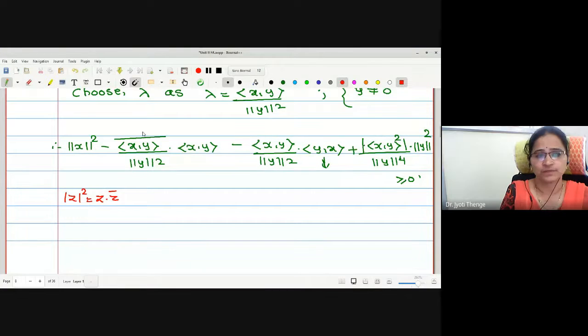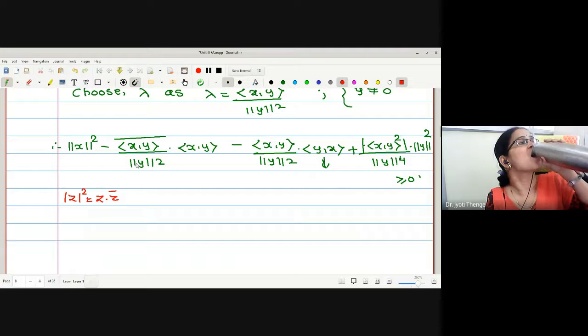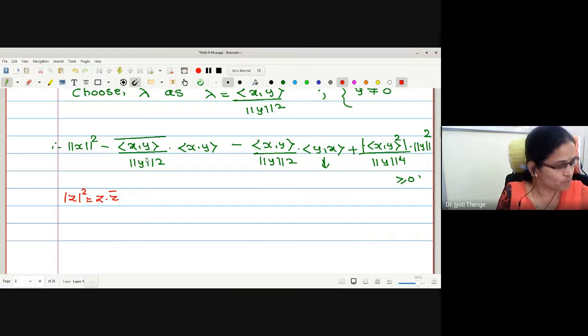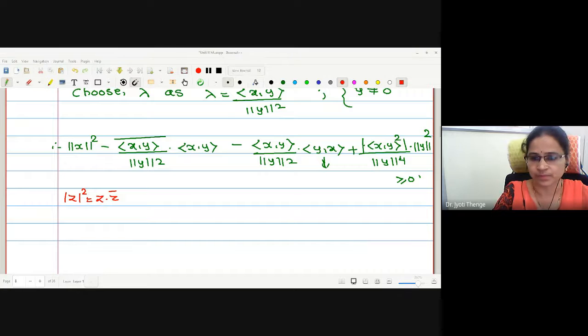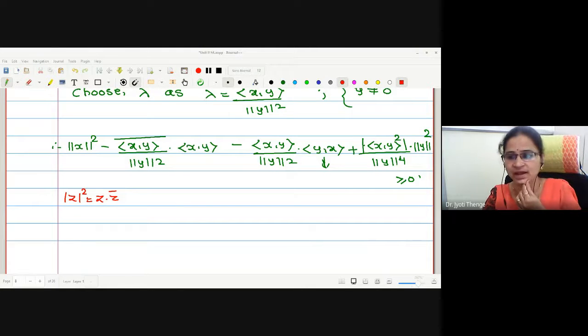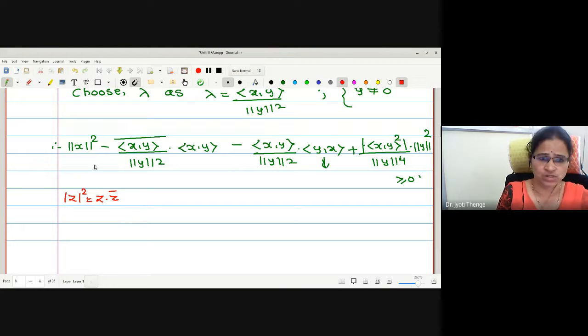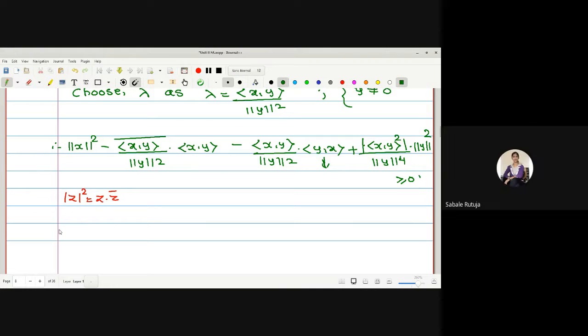Therefore, this is a scalar, a complex number I have, inner product xy with its conjugate. Therefore, it is of the type z z bar, no? Therefore, can I write this as mod z square? Yes, ma'am.